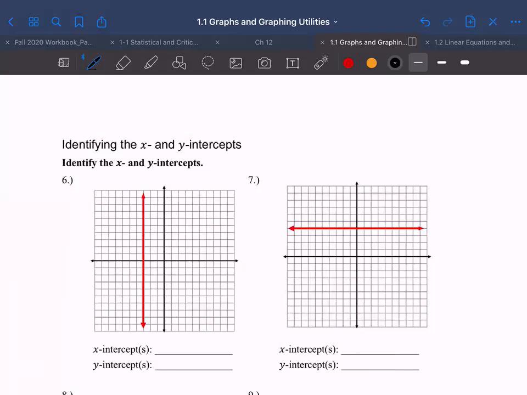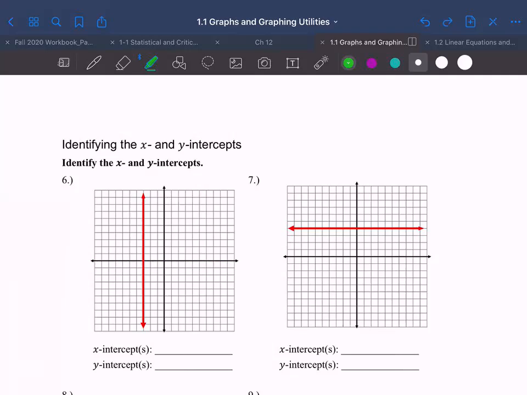This is about identifying x-intercepts and y-intercepts. And remember, x-intercepts, from what we defined the other day on the first page, is where it crosses the x-axis. So we're looking at where does it cross the x-axis, the horizontal axis.